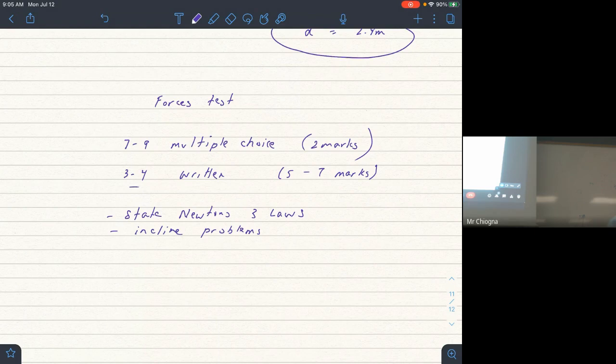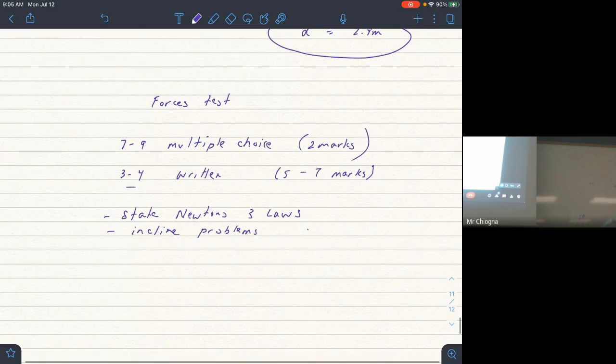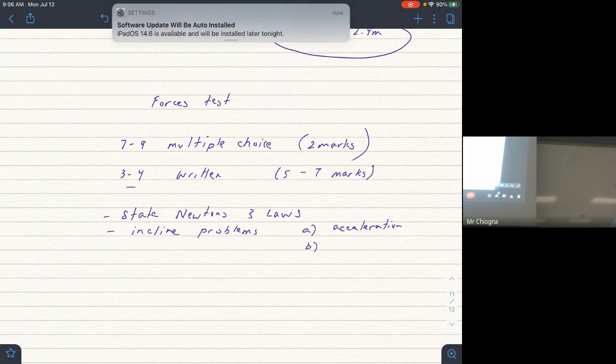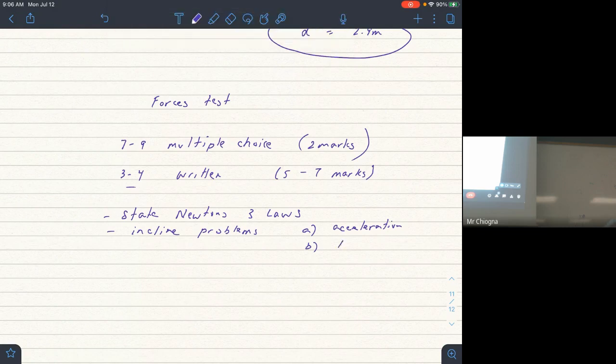That's 2 parts, right? Usually the first part is solve for the acceleration, and then part B will involve some sort of kinematics: solve for how far it moves down the incline, how long it takes to move down the incline given a distance, how fast it is when it reaches a certain point or after a certain amount of time. So the second part will involve using kinematics as well.